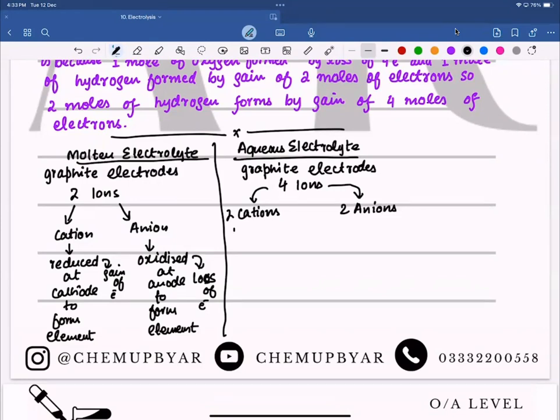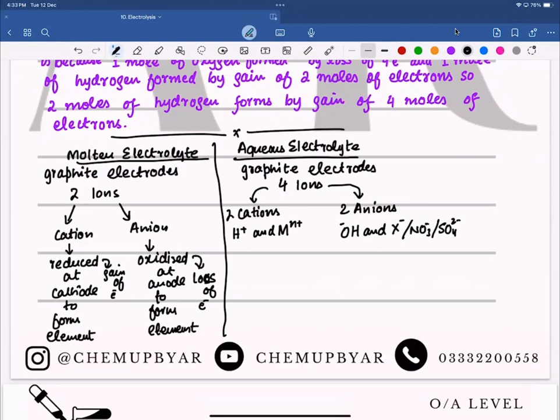Out of these, one cation is hydrogen H+ and the other is a metal ion. The two anions are the hydroxide ion and a non-metal ion, which can be a halide X-, meaning Cl-, F-, Br-, I-, or NO3- or SO4 2-.